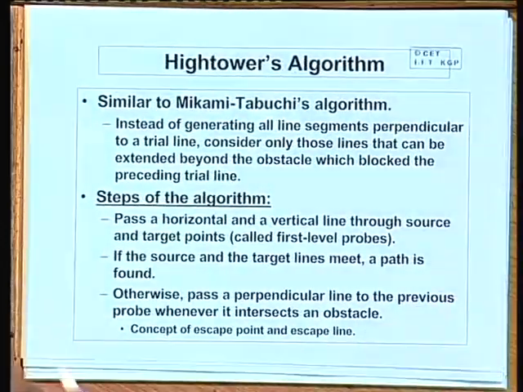This is called the Hightower's algorithm. This will not guarantee an optimal path. Just as I told you, it tries to trace the straight lines and find the longest straight line intersections, but there can be a shorter path with a lot of bends that you will find in more iterations. Here, the number of iterations is equal to the number of bends.